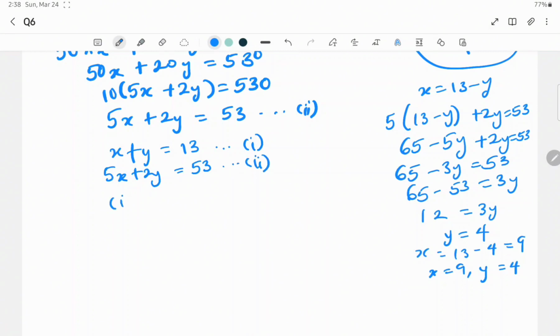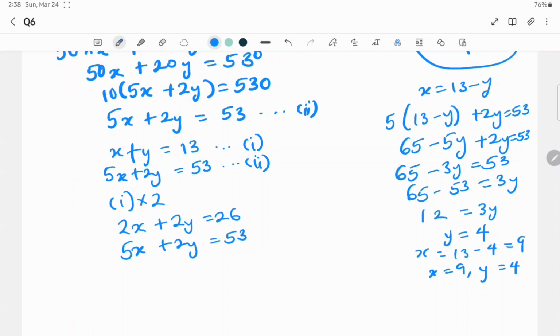So if I say equation 1 multiplied by 2, that means I'll have 2x plus 2y equals to 26. Please remember to multiply each of your terms. Now, that's my new equation. So comparing that with 5x plus 2y equals to 53, I can easily eliminate my y.